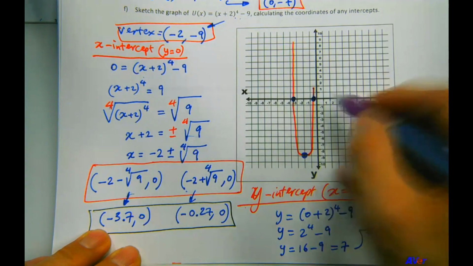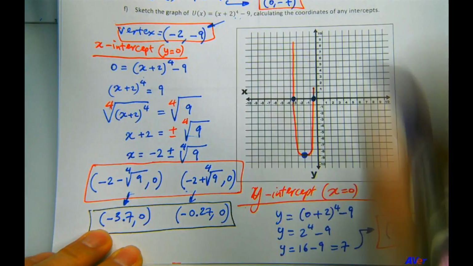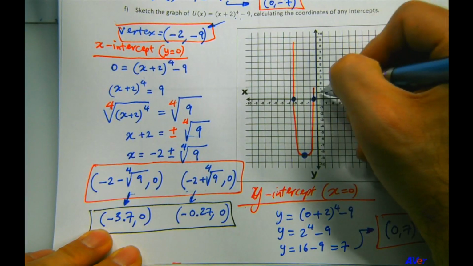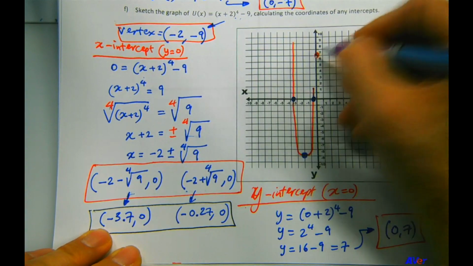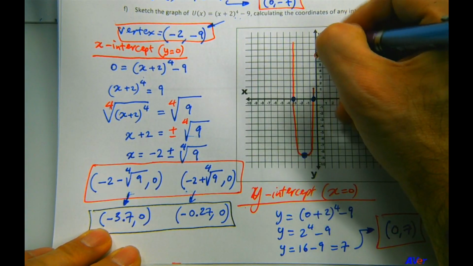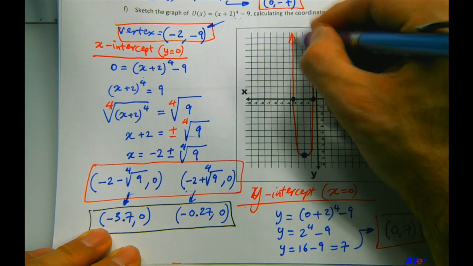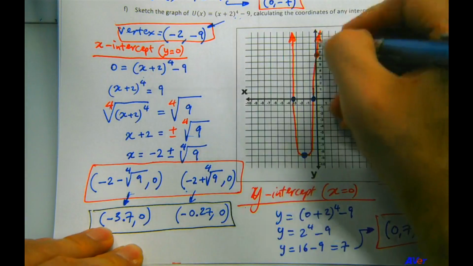And of course, 0, 7, this one is the y-intercept. Let me not forget that. So 1, 2, 3, 4, 5, 6, 7. That's the y-intercept. So it's going to go through that, like that, and like that. Okay? Like that.